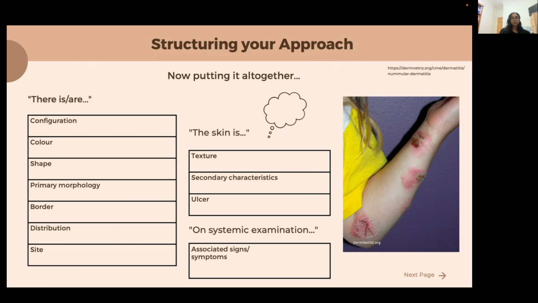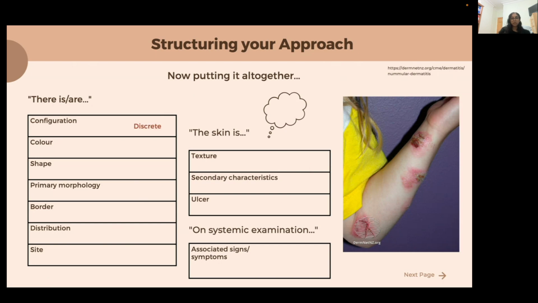So we have configuration is discrete, color is erythematous. Nice. And then we have discrete erythematous oval plaques with crusting unilateral on the lower arm. Cool, yeah, that's really good, well done.